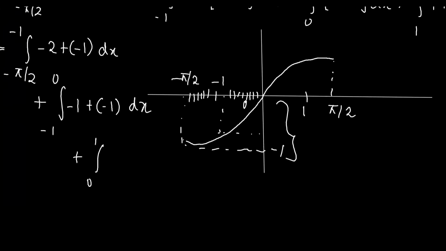Now from 0 to 1 means this interval, it is in these portions. So in these portions you know that sine of pi by 2 is 1. So sine of 1 will be somewhat here. So sine of pi by 2 somewhat here, that means sine of 1. So you can see from 0 to 1, whatever the value we are getting is from 0 to 1.